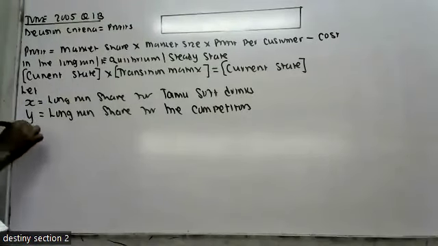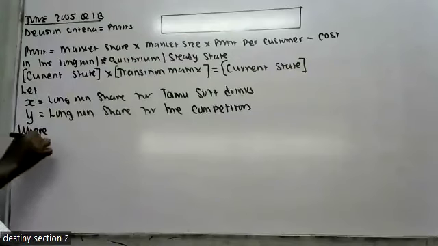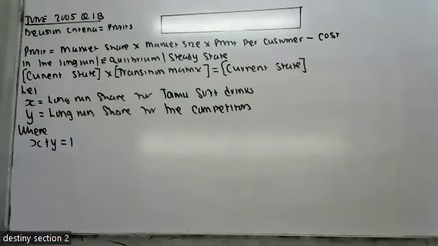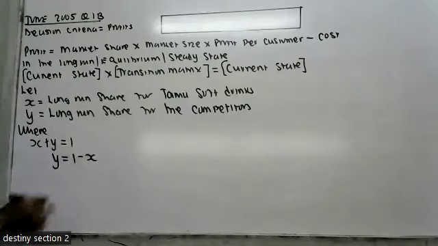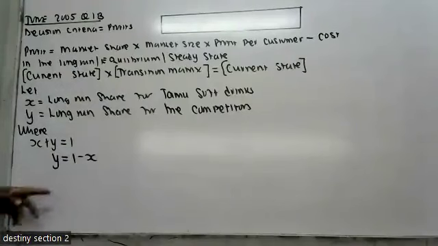Where X plus Y is supposed to be 1, because we have said the row must be 1. And if that is true, Y is 1 minus X. We always take this step to ensure that our work is a little bit easier.